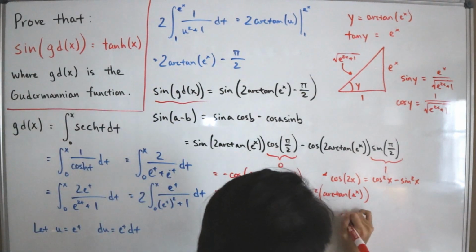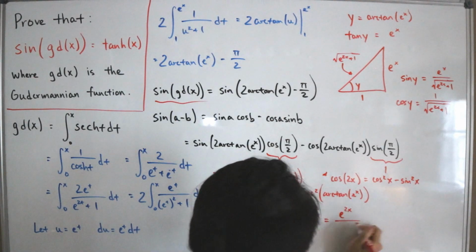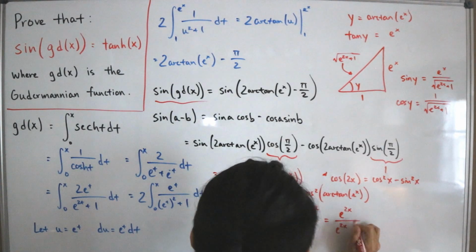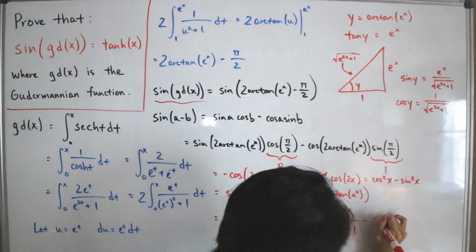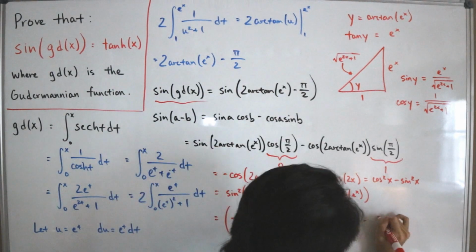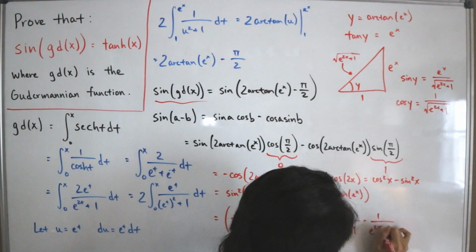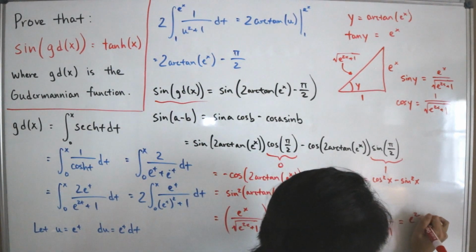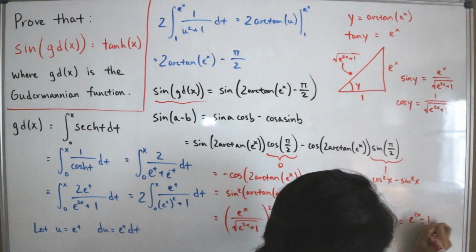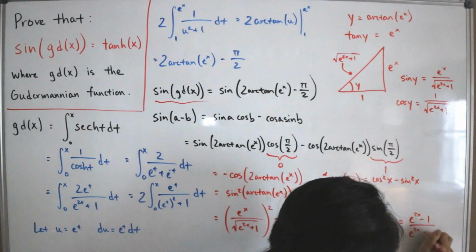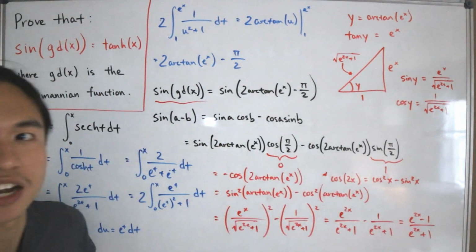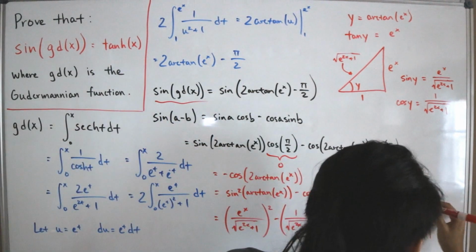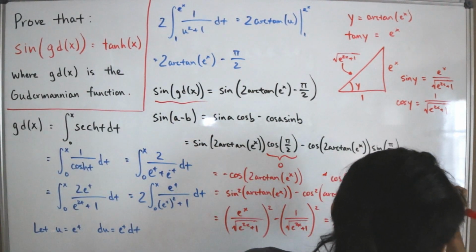And so I have e to the 2x from the top, divided by e to the 2x plus 1, subtract 1 divided by e to the 2x plus 1 to get a common denominator. So that's going to be e to the power 2x minus 1 divided by e to the 2x plus 1. And what's nice is that this is the exponential definition of hyperbolic tangent.